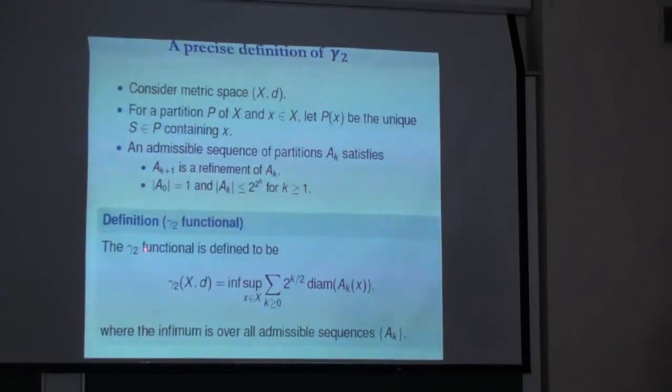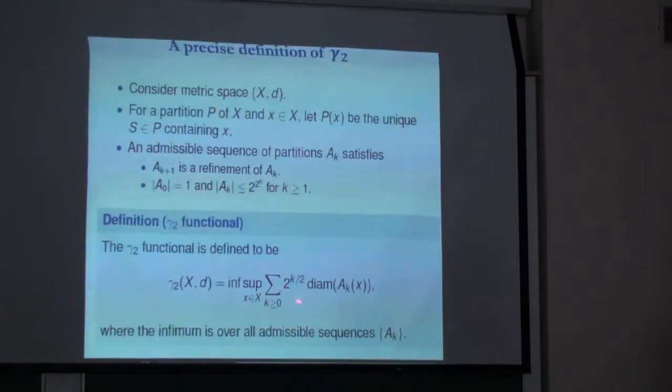And then the gamma 2 function is defined as follows. You take the infimum over all these collections of admissible partitions. And then once you fix your partitions, you take the sup over all points of the space of this kind of sum. You look at A_k of x, the element of the kth partition that contains x, take the diameter of that, and add these with coefficient 2 to the k over 2.